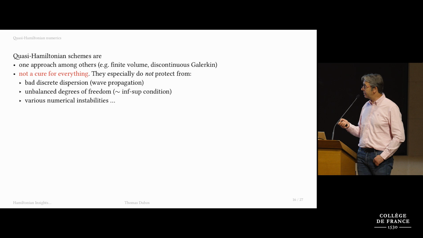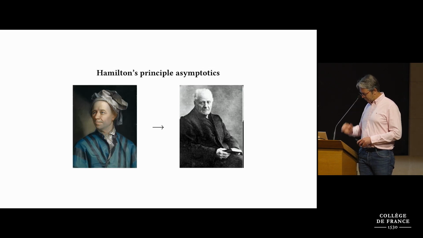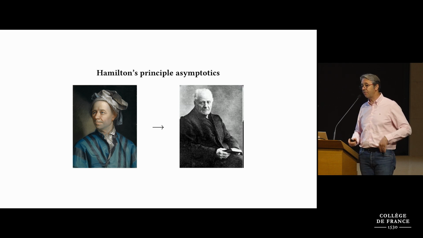And there are many other things that need to be taken care of separately, like making sure you have good discrete dispersion properties, that you don't have unbalanced degrees of freedom, especially on unstructured meshes, and that you take care of various numerical instabilities that are always ready to pop up. So that was my brief overview of how these ideas have penetrated the realm of numerical schemes.